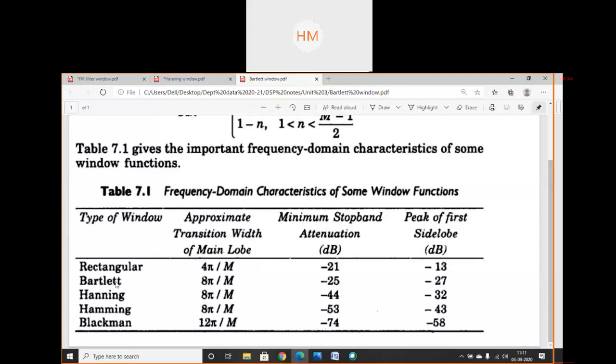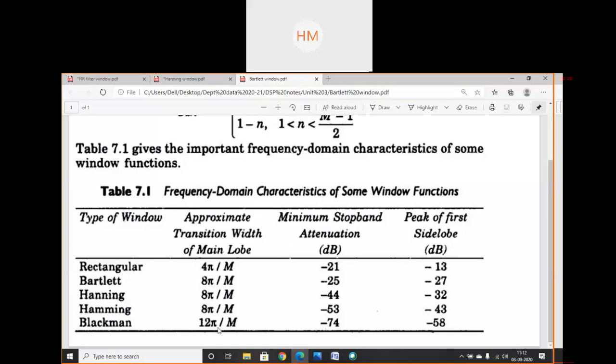Okay. So first is your rectangular window. You can see the main lobe width is 4 pi by m. Bartlett window 8 pi by m. Hanning window same. Hamming window same. Just for the Blackman window we have 12 pi by m transition width of main lobe.